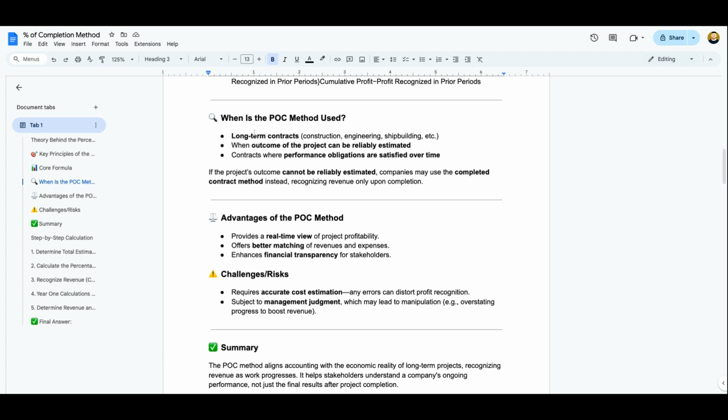So another way to remember this theory is that long-term contracts such as construction, engineering, shipping, building, or manufacturing plants, when outcomes of the project can be reliably estimated.